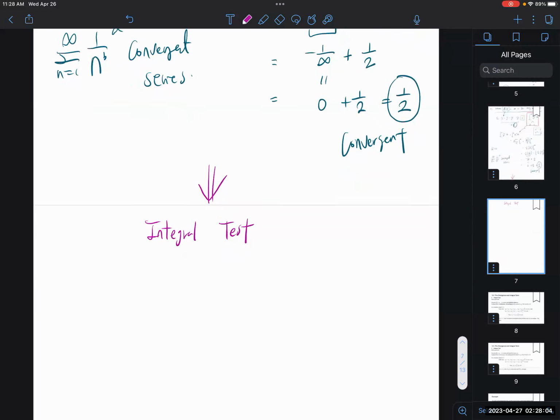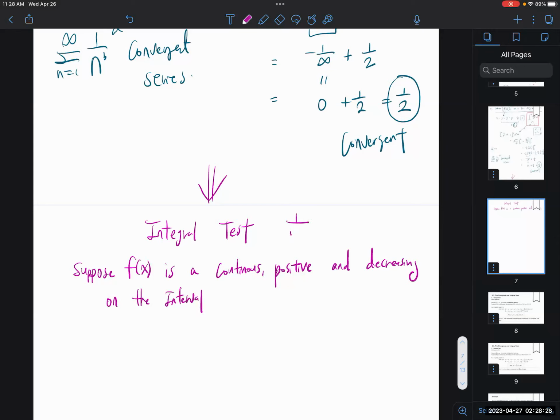Make sure you use this only for a function that is continuous. Suppose f of x is continuous, positive, and decreasing on the interval. What I'm saying is 1 over radical n, 1 over n to the third.